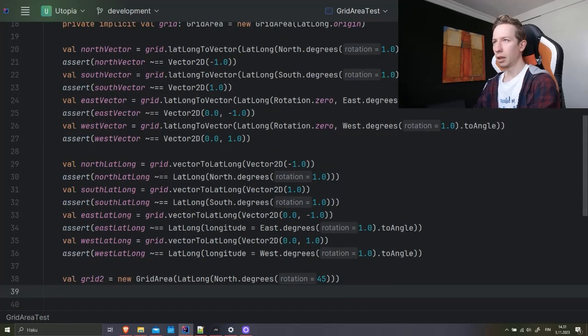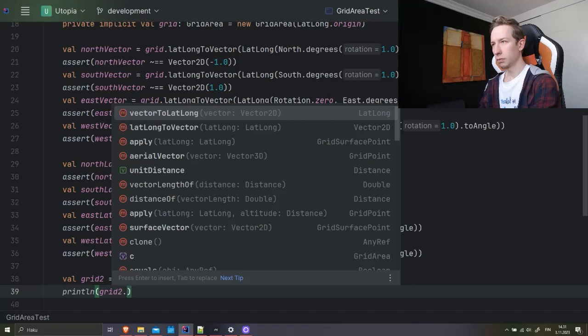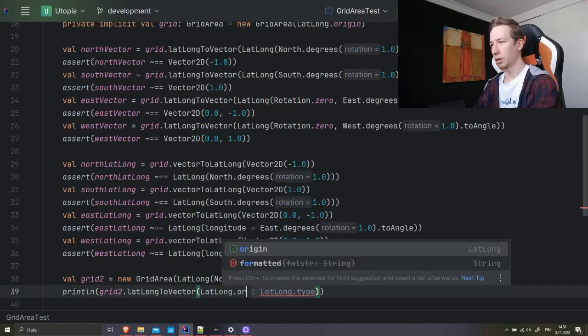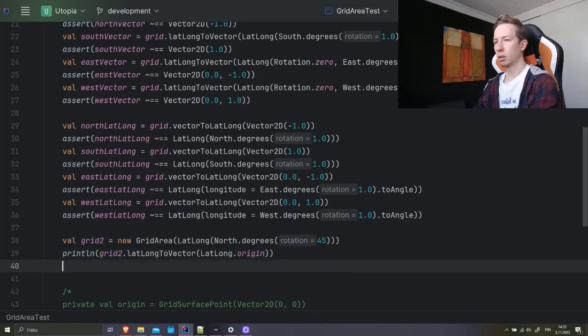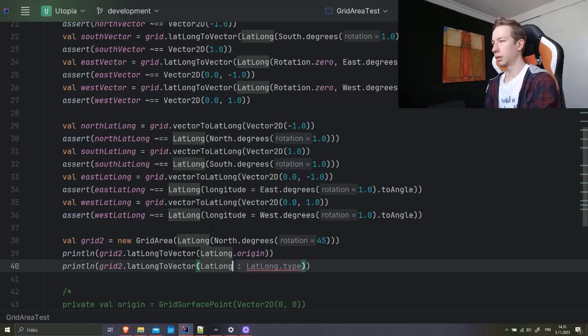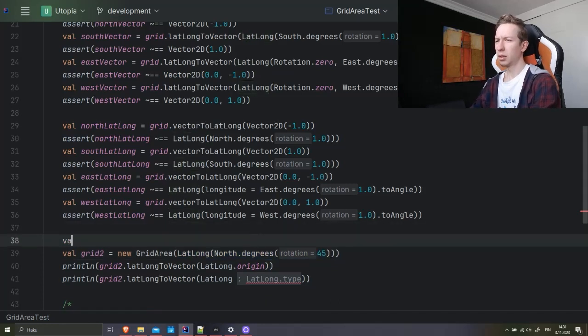And then let's print some vectors here. Lat long vector, origin first, then origin 2, of course.